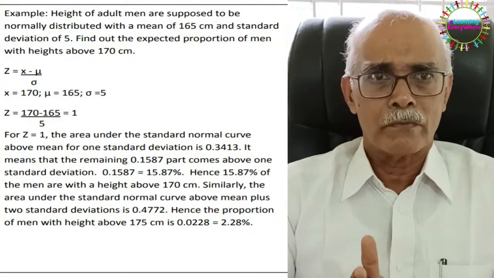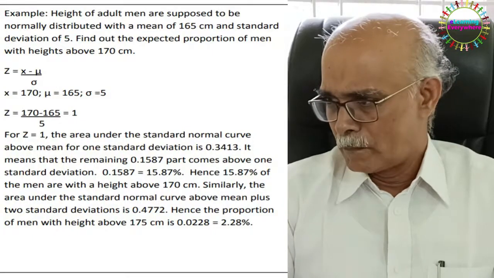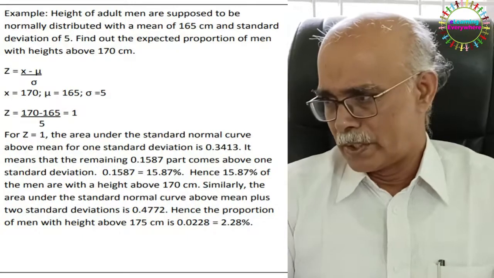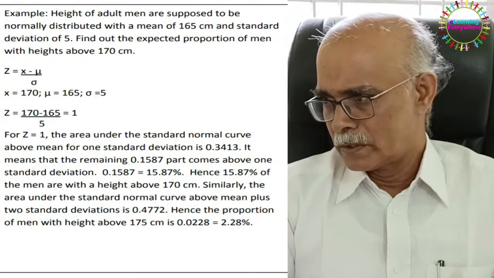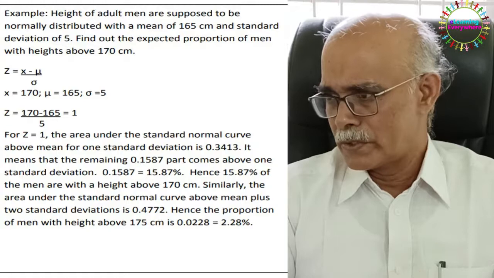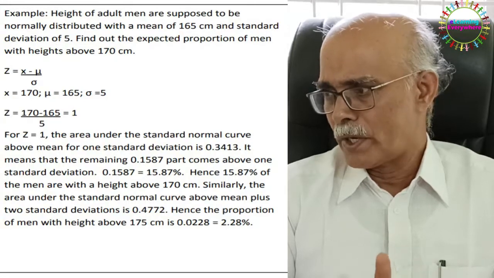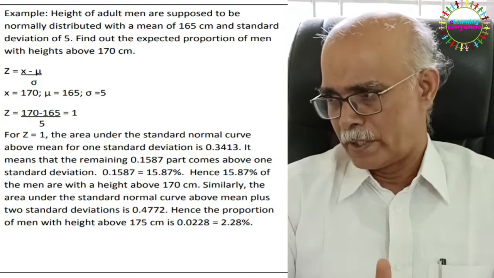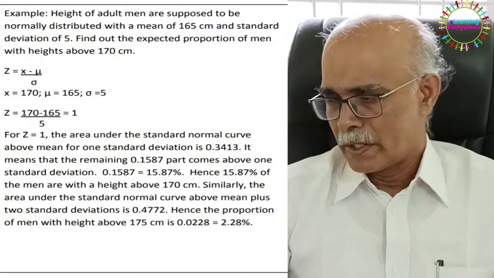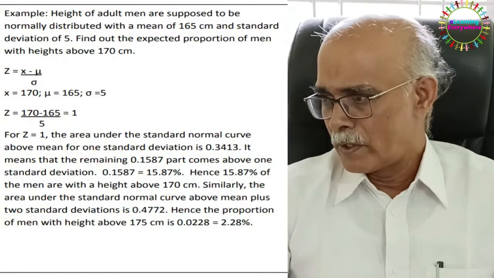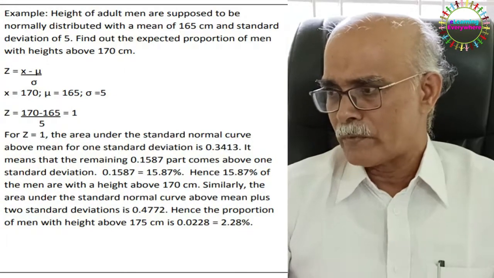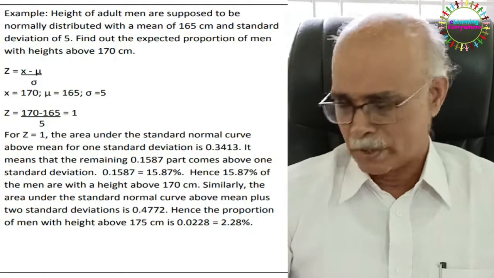And in the case of z, when z is equal to 1, or for one standard deviation, the position of x is at 0.3413. It means that the remaining, total it is 0.5, the remaining 0.1587 part comes above one standard deviation.